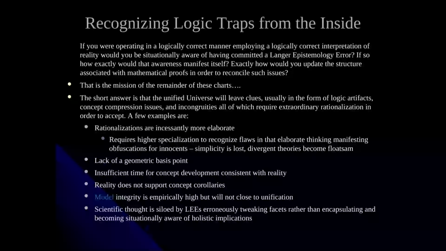Model integrity is empirically high, but will not close to unification. M1 is an example of that, as is M2. You can have all the empirical evidence you want if you're inside a logic trap.